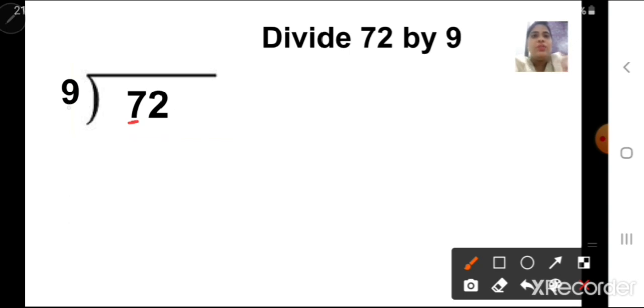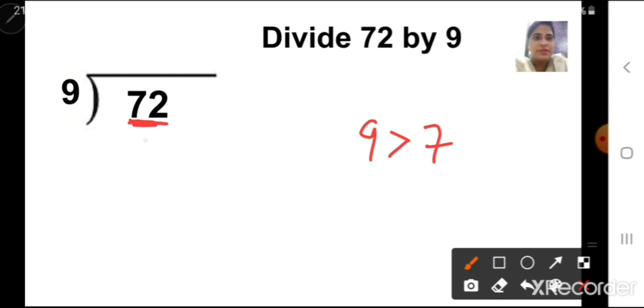You can see the divisor, number 9, is bigger than number 7. While dividing, you can take one number at a time, but number 9 is greater than number 7, so we cannot divide that. In such a case, we have to take both the numbers together. We will take 72 together.